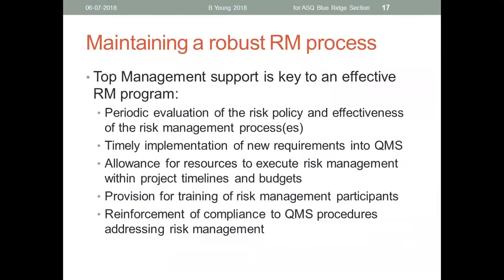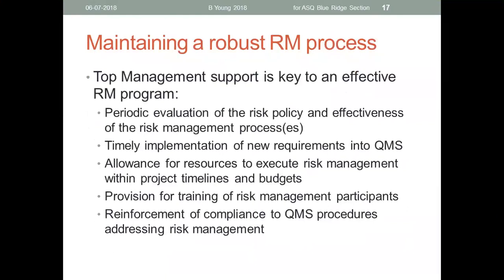Key to a really robust risk management process is going to be top management. If your top management supports the risk management process, then that is one giant step to having an effective risk management program. The top management requirements would be to have an eye on the program on a continuing basis.